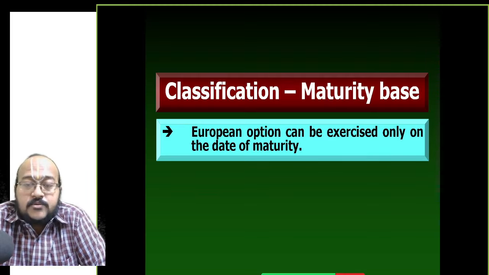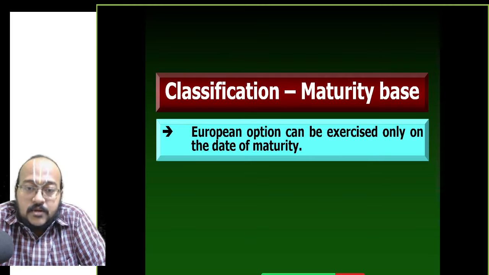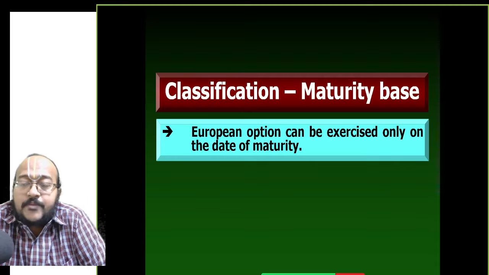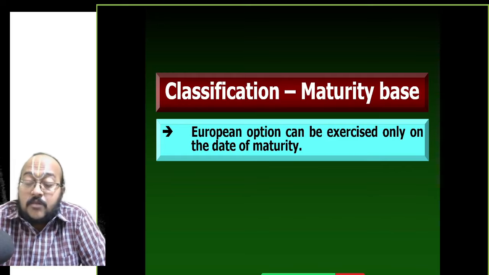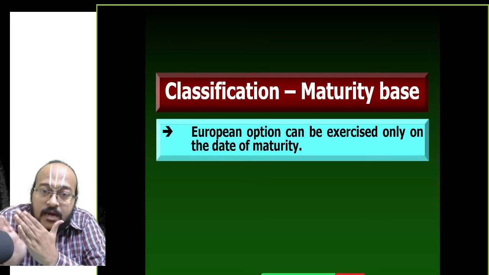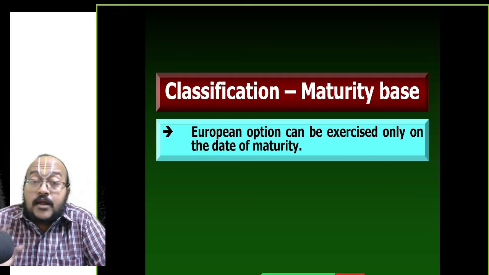IFRS is followed by European countries, and in America there is US GAAP, generally accepted accounting principles. India is aligned to IFRS, European based standards, and not aligned to US GAAP.